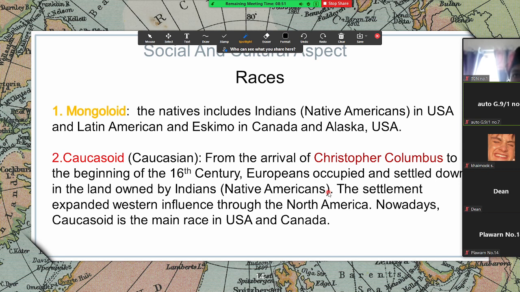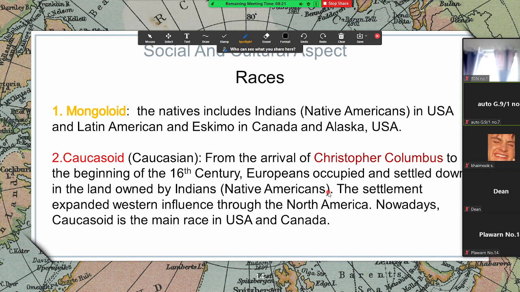So from the arrival of Christopher Columbus to the beginning of the 16th century, Europeans occupied and settled down, meaning they already wanted to live in the continent of America. So they lived in the land owned by Native Americans, and the settlement expanded Western influence through North America.